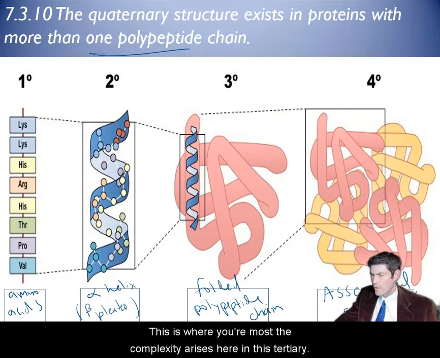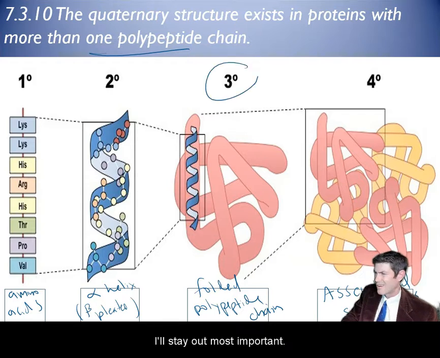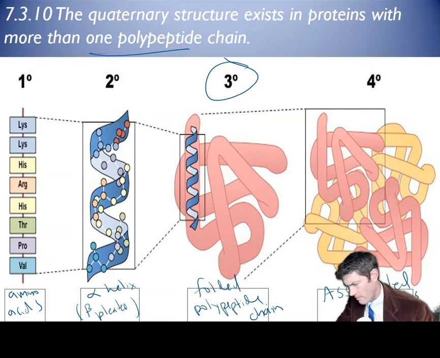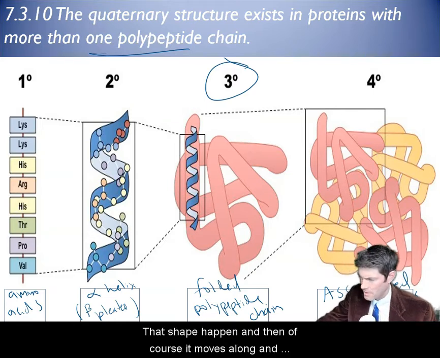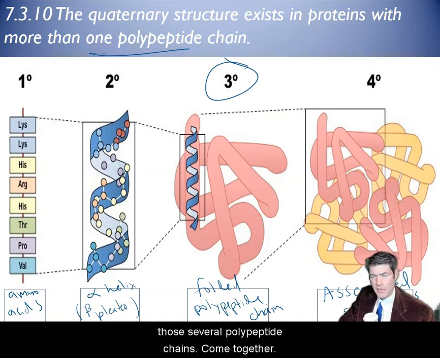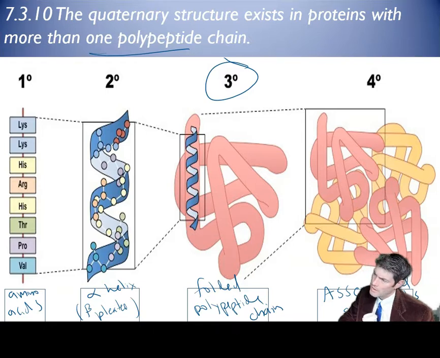And this is where most of the complexity arises, here in this tertiary. I would say most important. This is where mostly you have that shape happen. And then, of course, it moves along, and those several polypeptide chains come together to make that completed protein.